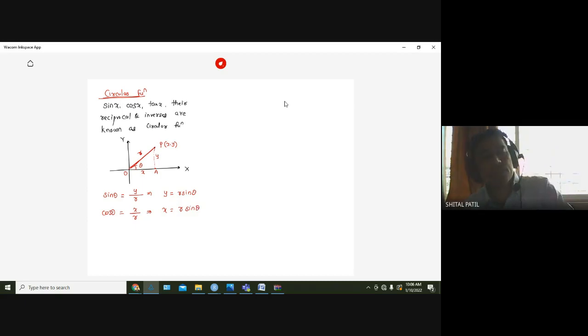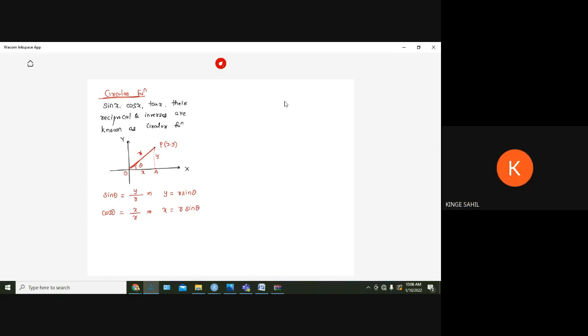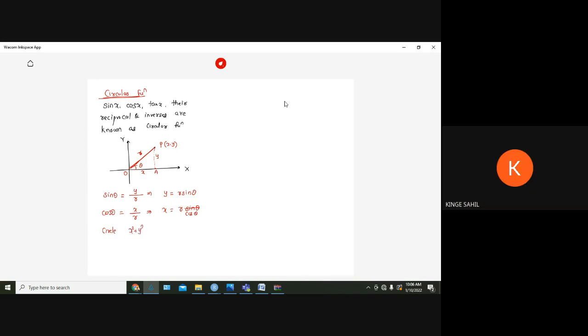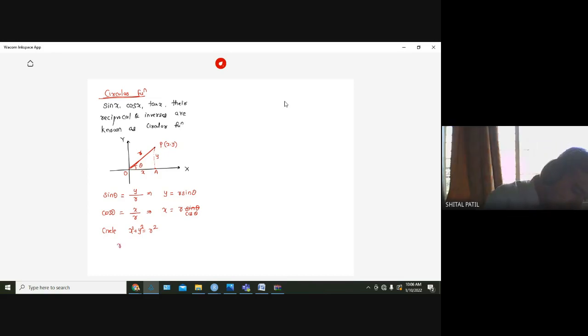Yes, it should be cos theta. Now we know the equation of circle. What is the equation of circle? x square plus y square equal to r square. So if I substitute the value of x here, I have r square cos square theta plus r square sin square theta.